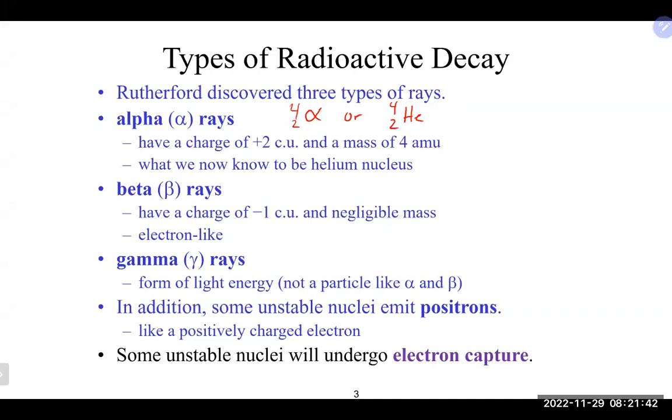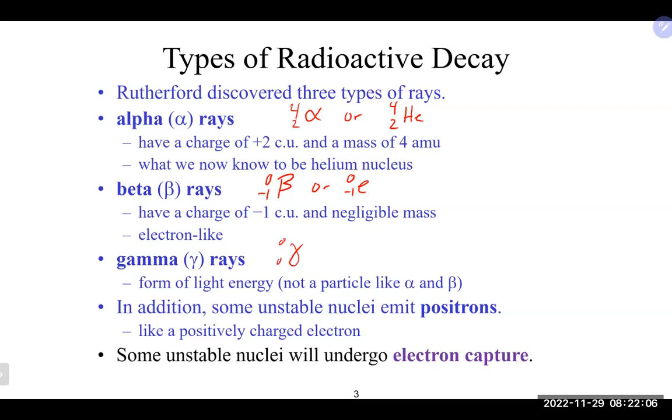Beta rays or beta particles are also very common. They also have a couple different symbols that we see. The beta symbol is really like an electron, so sometimes just an e is used to represent those in nuclear reactions. And gamma rays are really just pure energy.